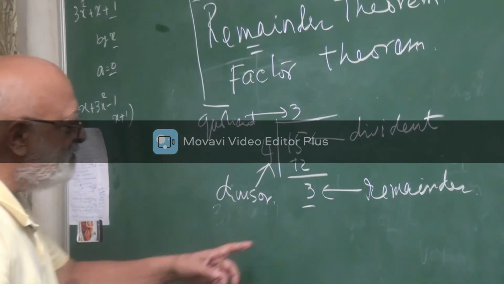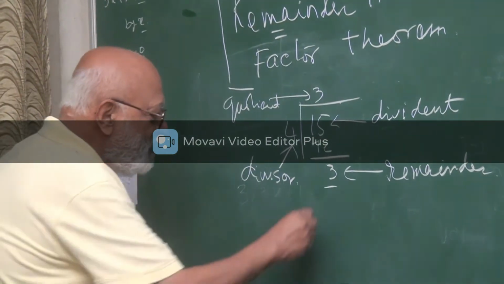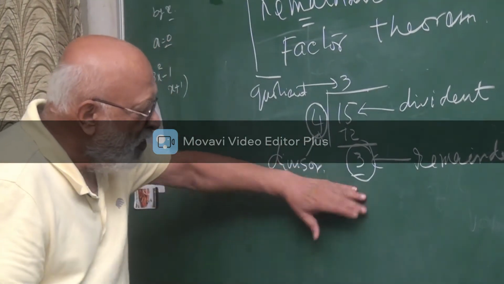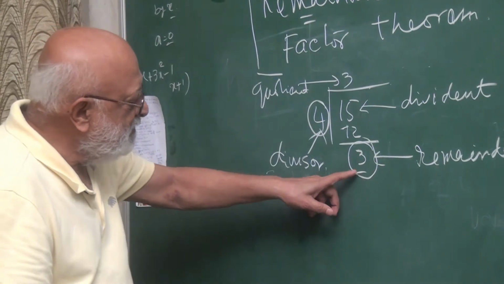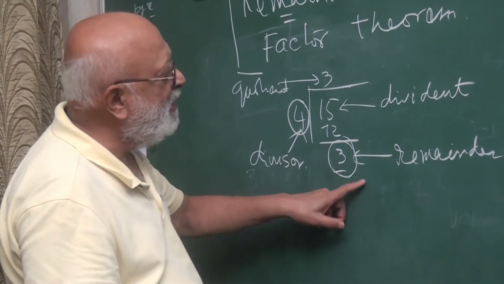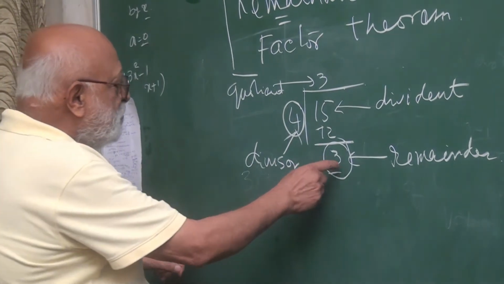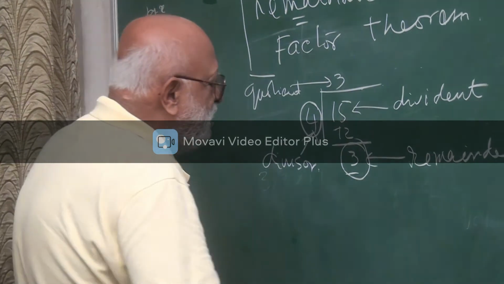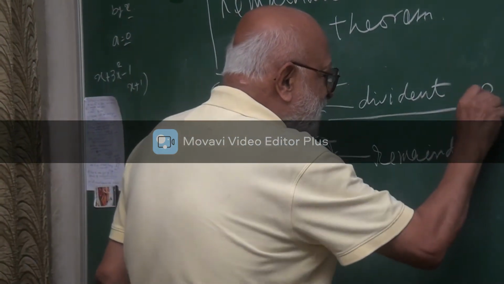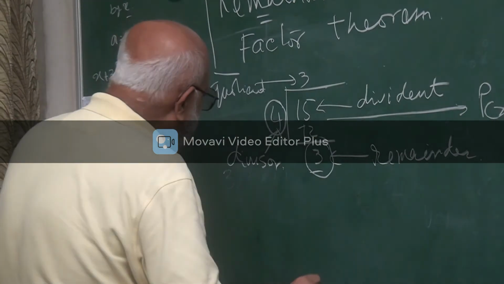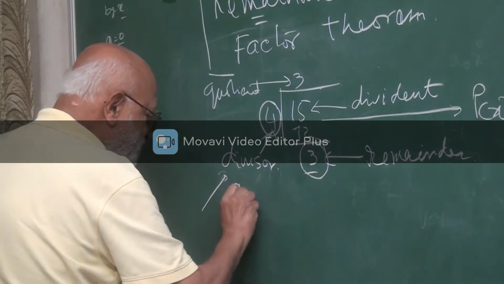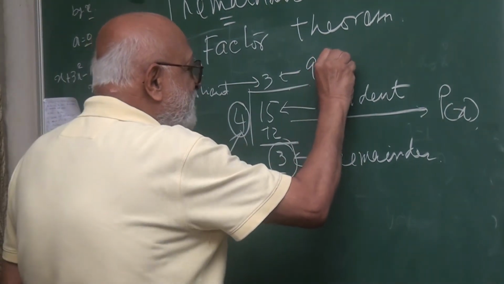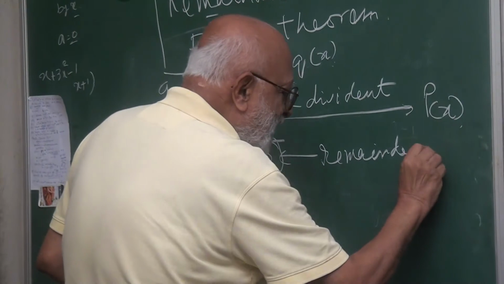Two things you must see from here, which are important for us: this 3 will always be less than 4. If it is not, say this is 4, then the 4 will go in again once. So the remainder is always lower than the divisor. In the case of a polynomial, we will call the dividend p(x), the divisor g(x), the quotient q(x), and the remainder, you can say, r(x).